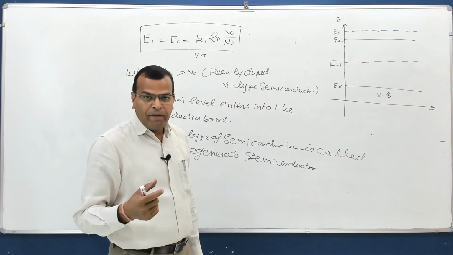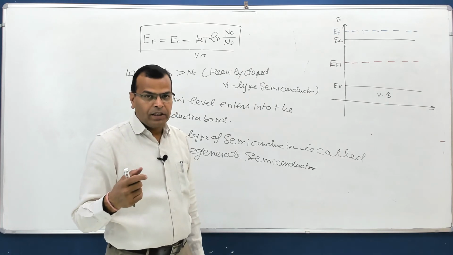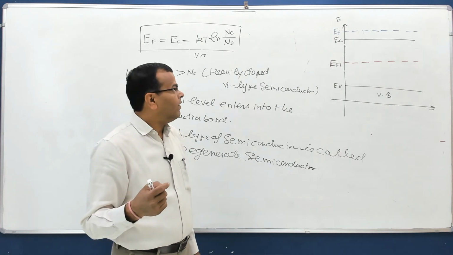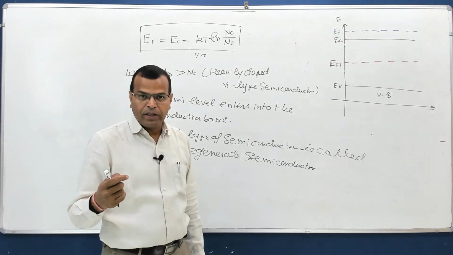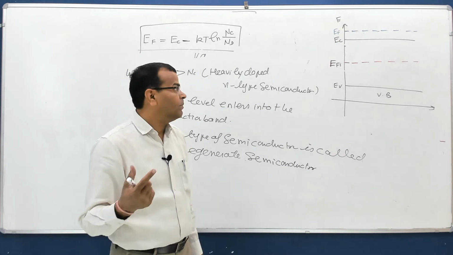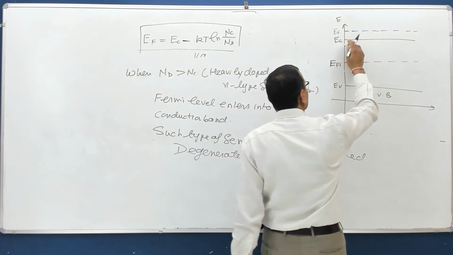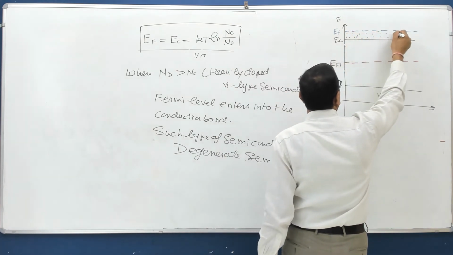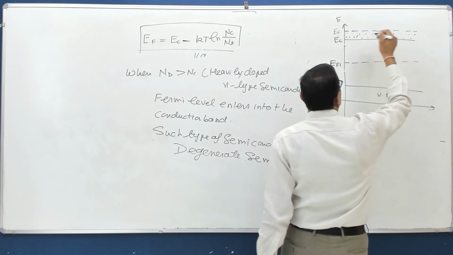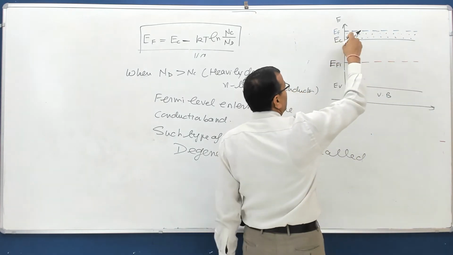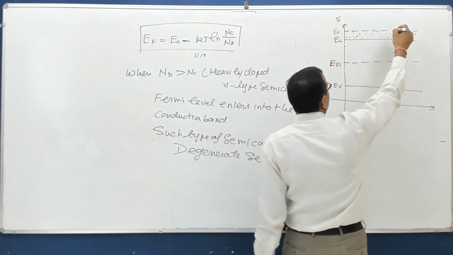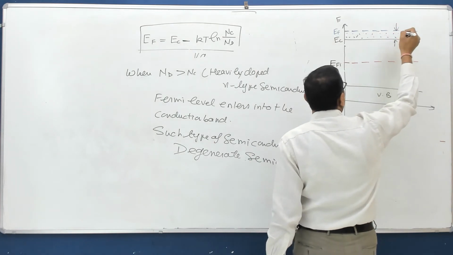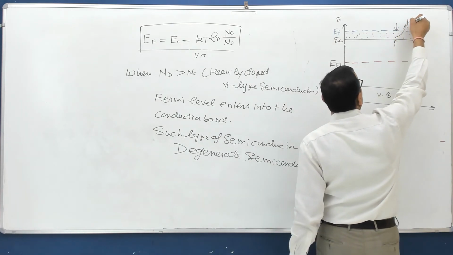We know the Fermi level is basically the level at which the probability of occupying that state is 50%, but here electrons are lying in the conduction band, and most of the electrons will be lying in this. Why? Because electrons lie in the conduction band above this, and this is a high concentration zone.